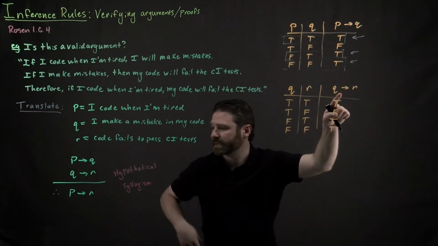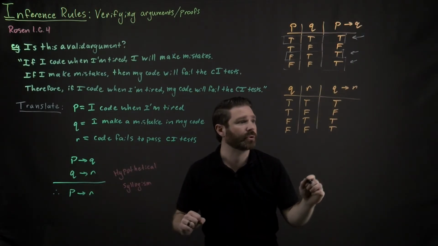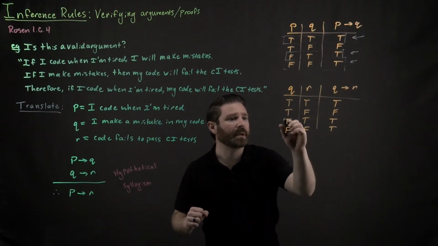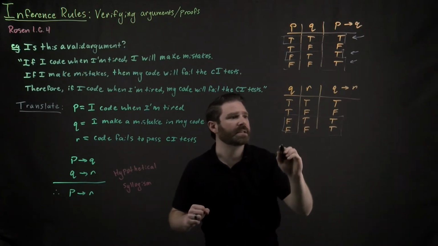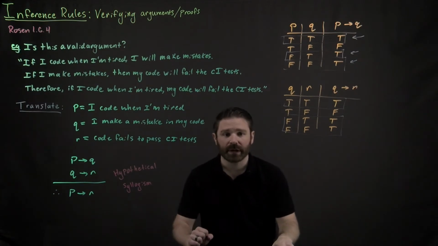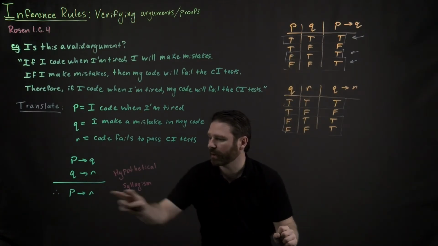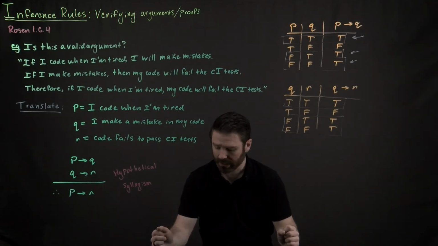My second hypothesis, this Q implies R right here, I want to set that equal to true, and that is, well, it's the same. I'm considering these 2 rows and that row right there. And what I want to verify is whether or not in these boxed cases right there, this P implies R is true.